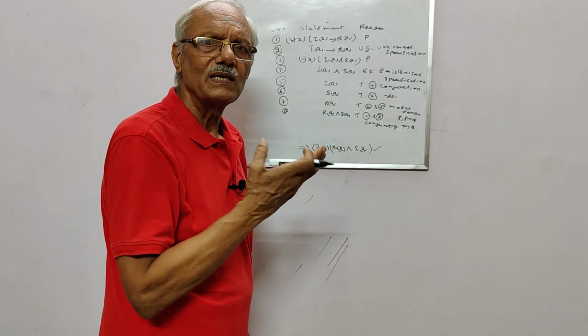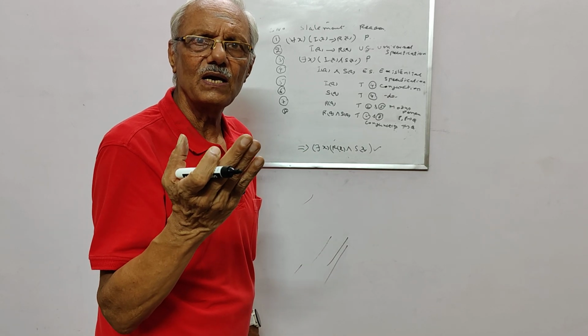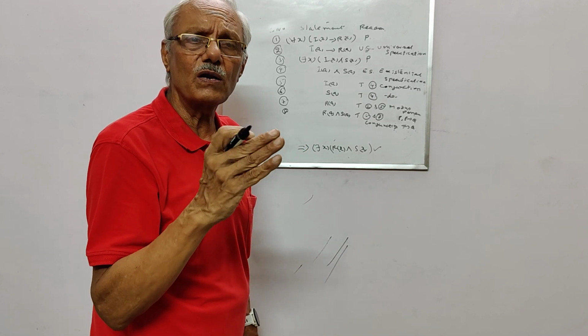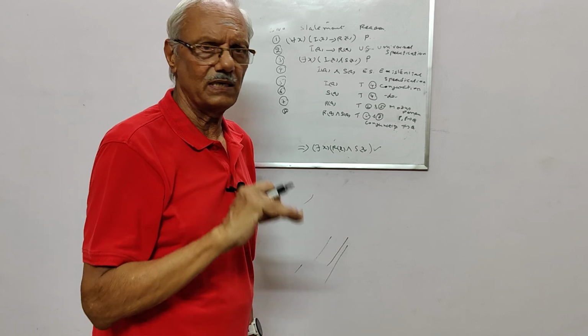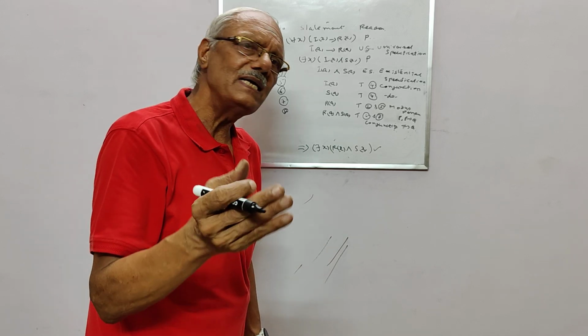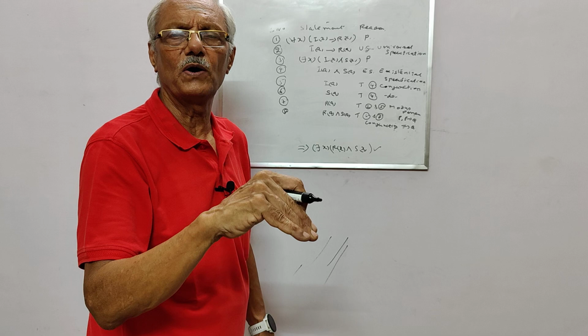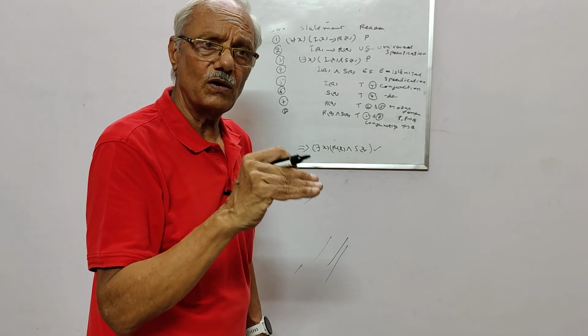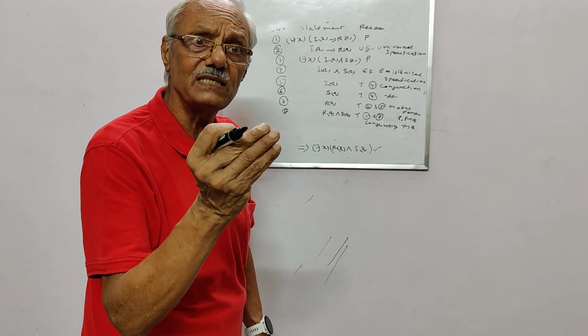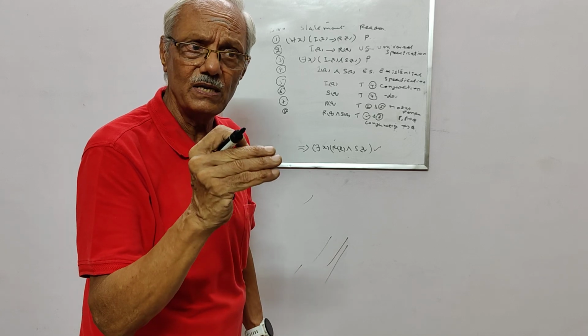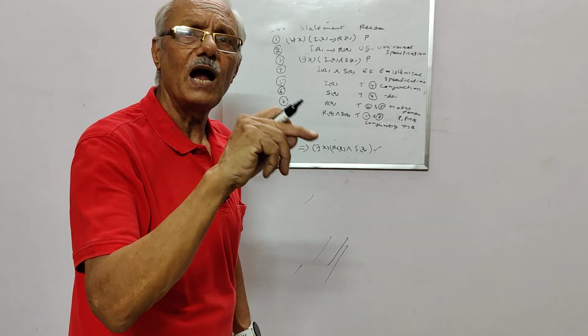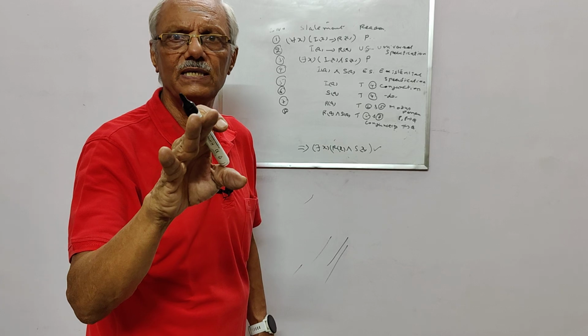What is the meaning of R of A? A is a rational number. What is S of A? A is a number which is a power of 3. So A is a rational number and also a power of 3. Are you able to catch here?